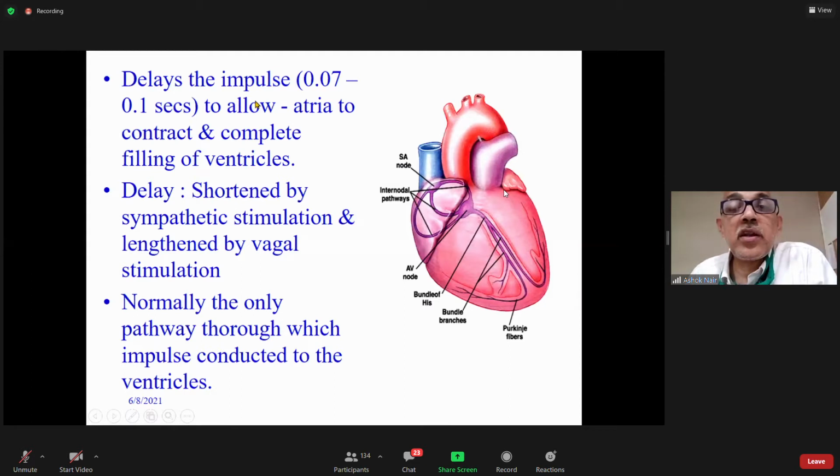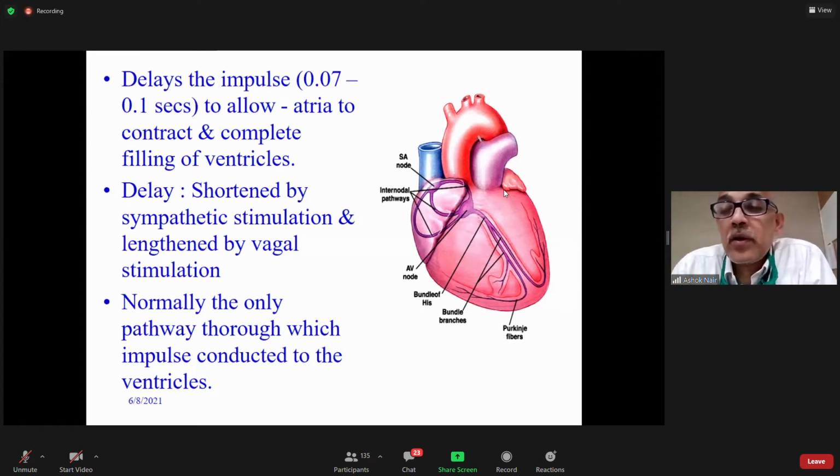The important function here is the delay of impulse. The delay is about 0.07 to 0.1 second. This delay is important because it allows the atrial contraction to be complete before the ventricular contraction begins. It allows proper ventricular filling.